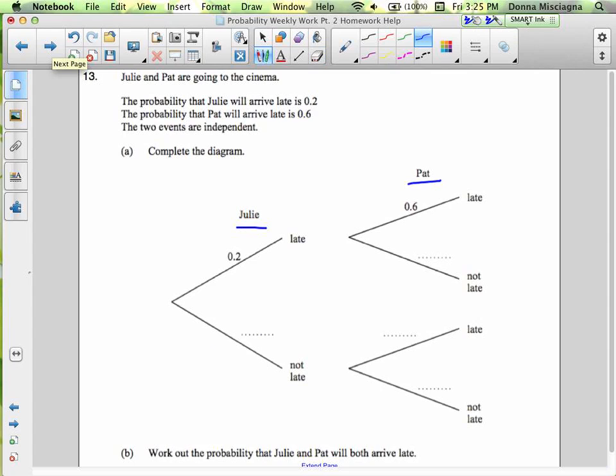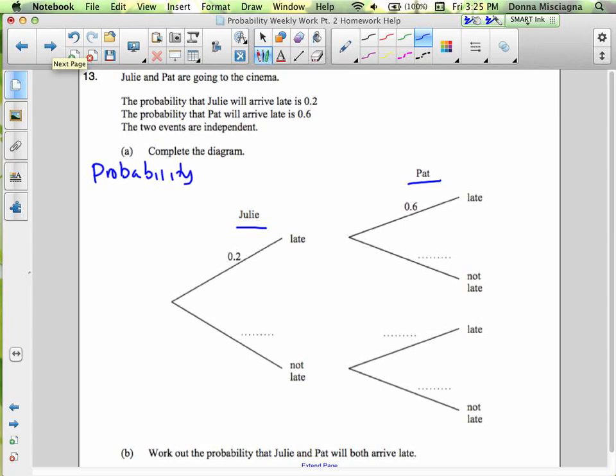So you're filling in the missing. Remember that the probabilities on any one branch have to equal 1. You're not picking between Pat and Julie. This is Julie's info and this is Pat's info. I probably should have read the directions.